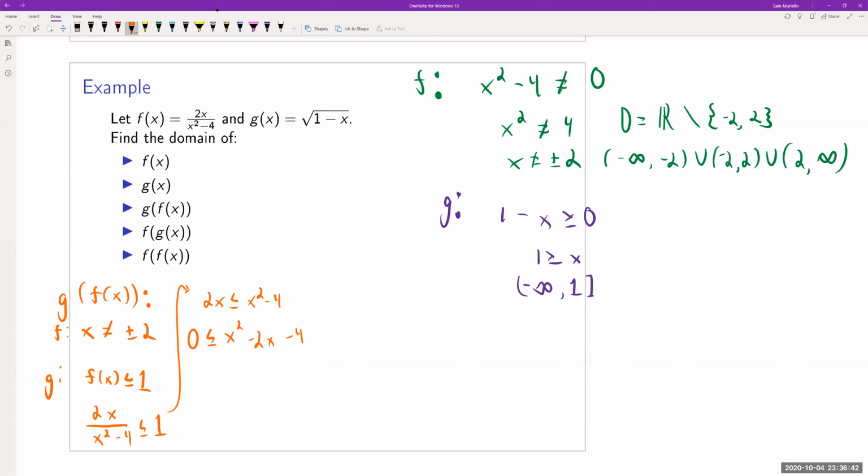This does not look like it's going to factor, so we'll use the quadratic formula. 2 plus or minus the square root of 2 squared minus 4 times 1 times negative 4, over 2 times 1. Okay, so this part here is negative, so there's no solution. So the only things that need to go on our number line here are negative 2 and 2, both of which are undefined in the original.